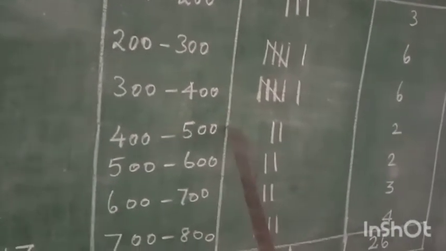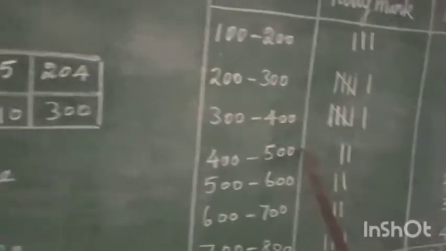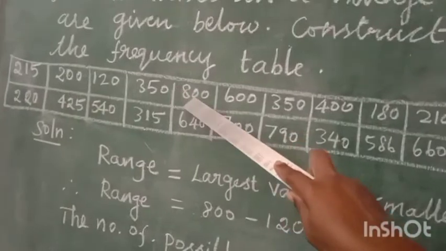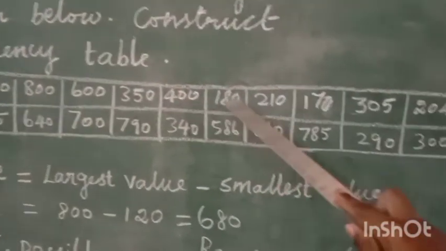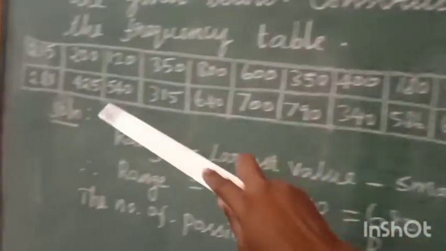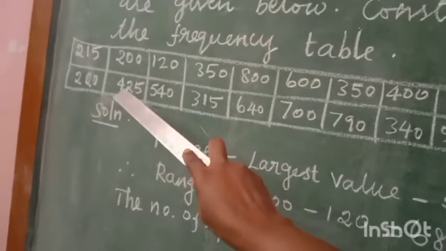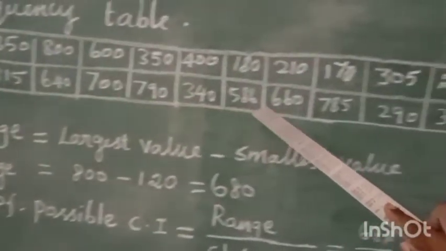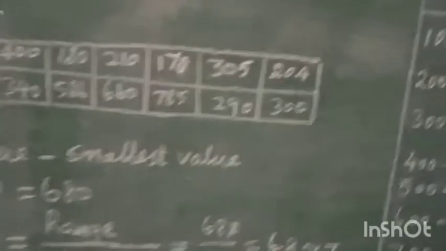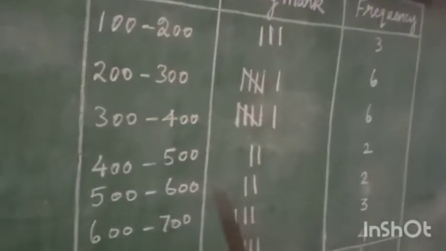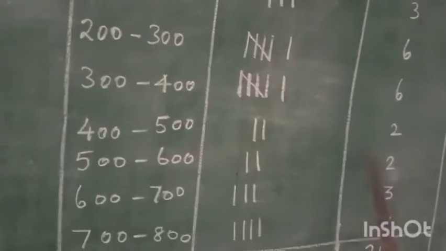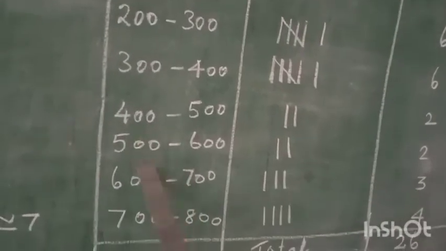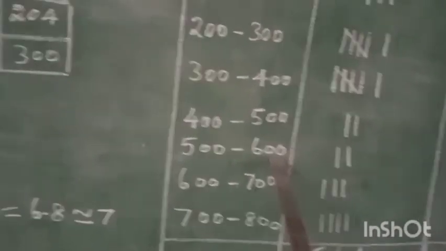400 to 500, how many values are there? We have to see now. In the first column, 1; in the next column, 2. Only 2. So 400 to 500 is 2. Next, 500 to 600.